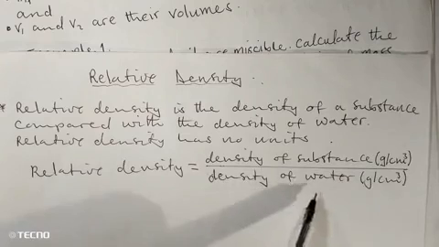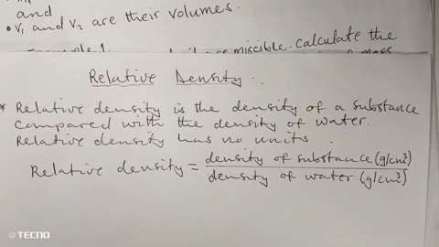The density of water is 1.0 grams per centimeter cubed. The density of a substance does not change, but when you divide by 1, any number will just come out like that.